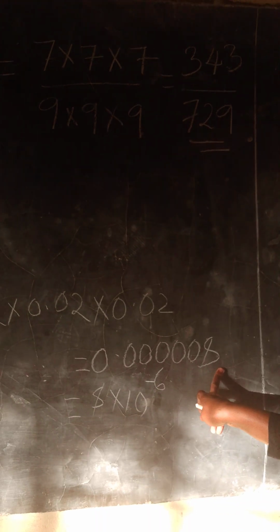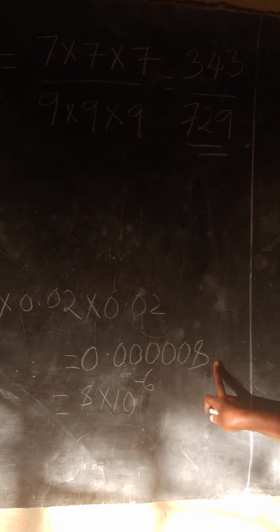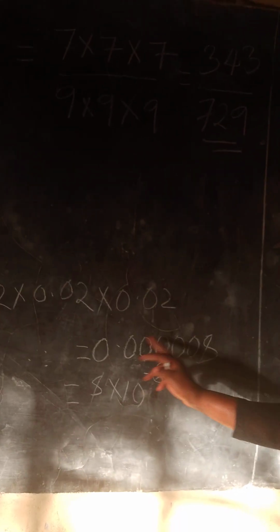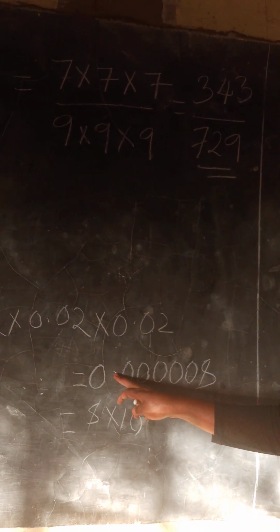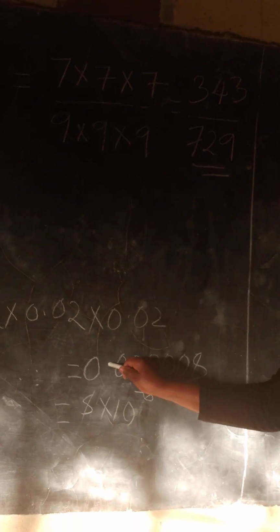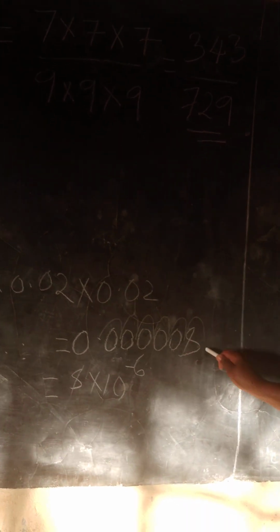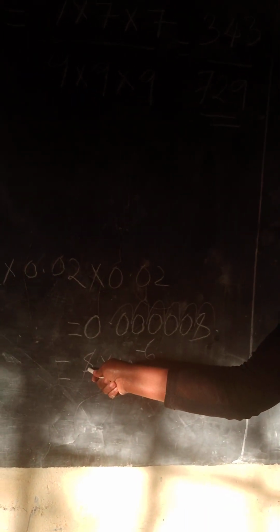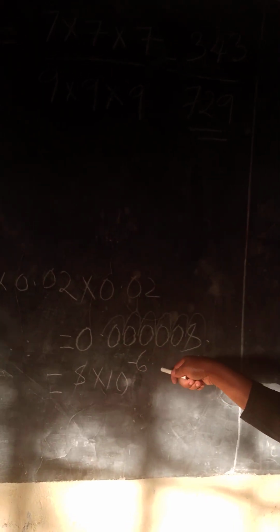but the number can be written as a decimal in this manner, because we can go back to converting decimals to standard form. In this case, we will move forward. How many times? 1, 2, 3, 4, 5, 6. That is why it is 8 times 10 power negative 6.